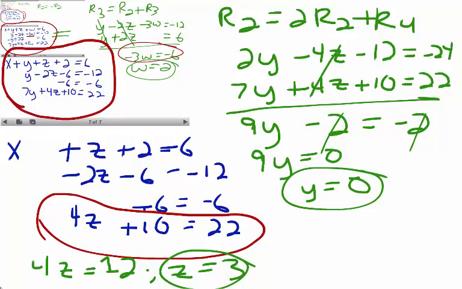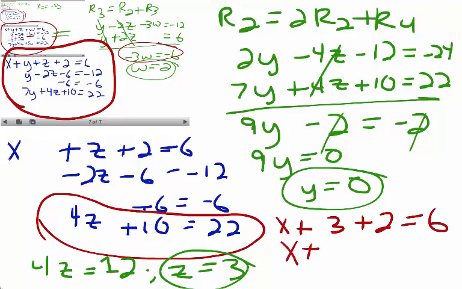So now we know that w is equal to 2, y equal to 0, and z equals 3. We can take a look at row 1 of our matrix. So we have x plus 0 when y was equal to 0, plus 3 when z is equal to 3, plus 2 where w is equal to 2 equals 6.